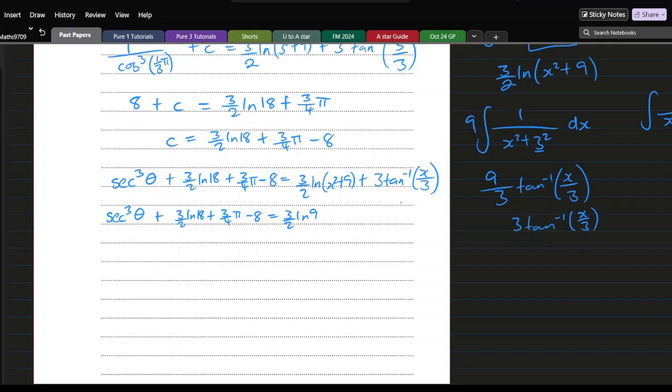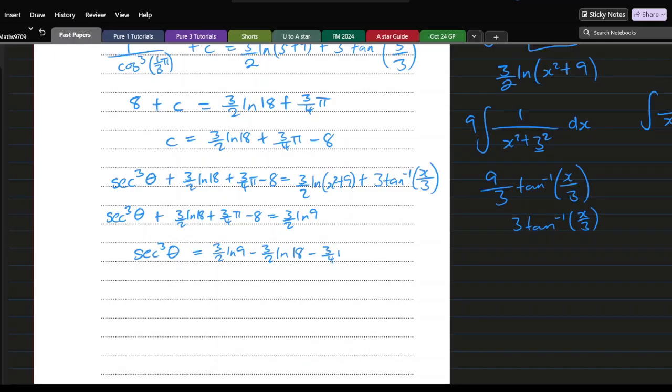Arctan of 0 is 0, so we don't need to consider the 3 arctan x over 3. Alright, so let's make sec cubed theta the subject of the formula. Sec cubed theta is equal to 3 over 2 ln 9 minus 3 over 2 ln 18 minus 3 over 4 pi plus 8.